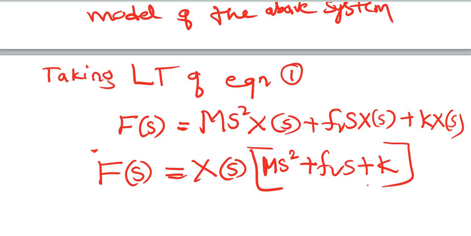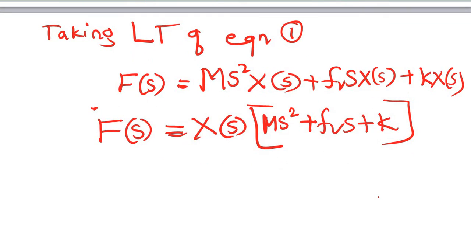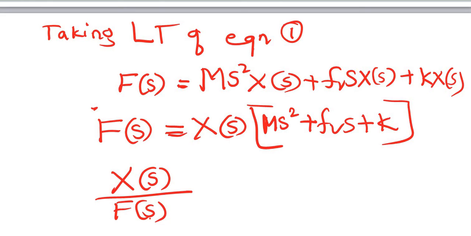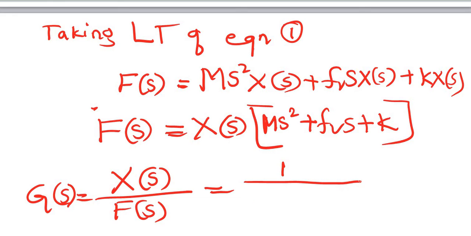Okay, and from this equation, Laplace transform of output divided by Laplace transform of input, that is the transfer function represented as G(s), is equal to 1 divided by ms square plus Fv s plus k. Okay.